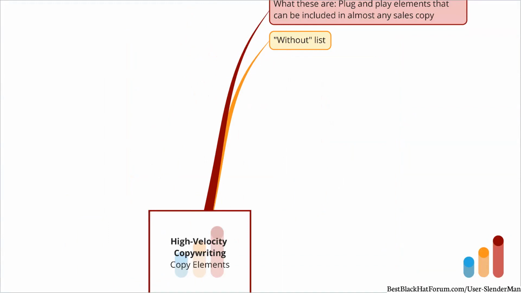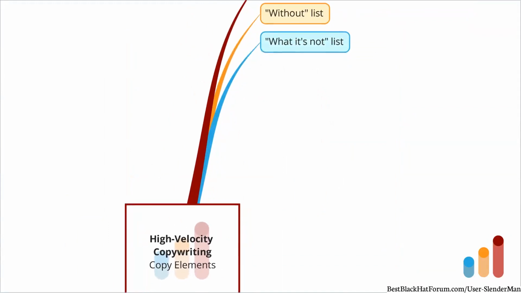So having a without list allows you to make a promise that becomes more interesting because you are immediately eliminating all of those objections.